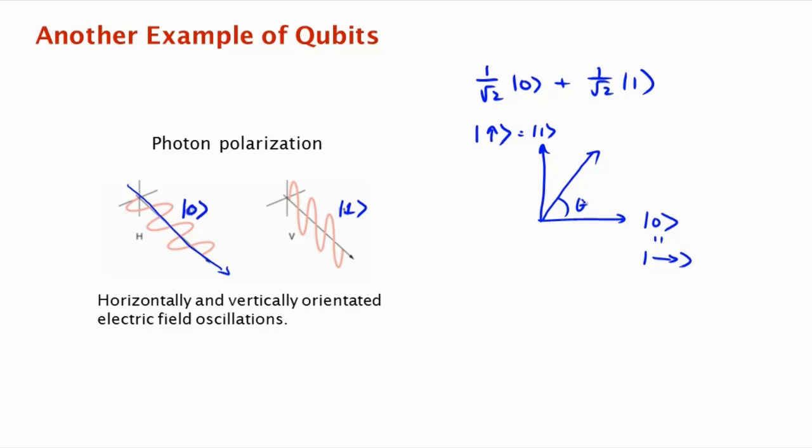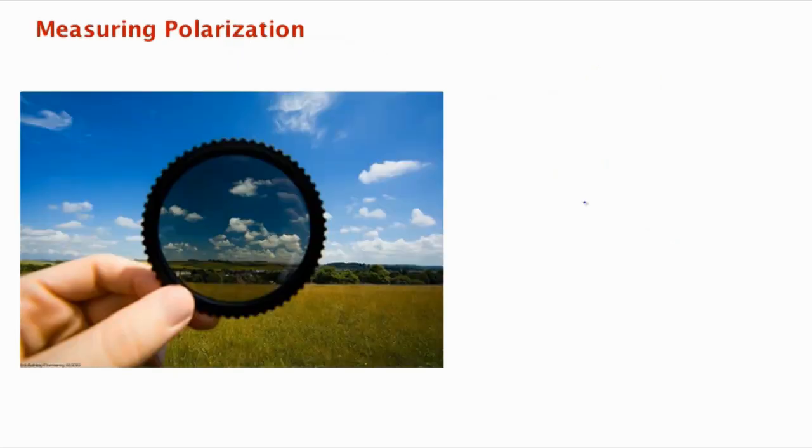How do you measure the polarization of a qubit? Well, you use a polarizing filter, a polarizing lens. This is the same kind of polarizing lens you might have in your sunglasses. The filter has an orientation.